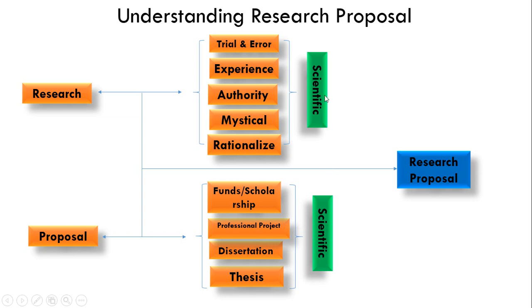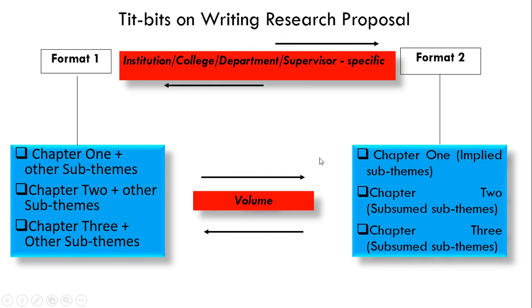Now, what really is important in a research proposal is the fact that whether you are doing an academic proposal or a professional proposal, it must follow the scientific process. You get to understand this more clearly in the next slide. These are the tidbits on writing a research proposal. We have format 1 and format 2.